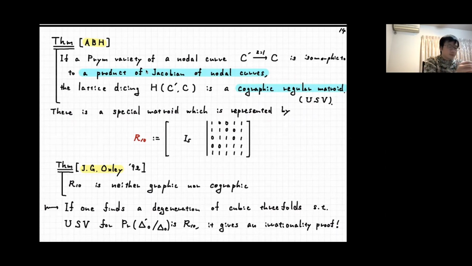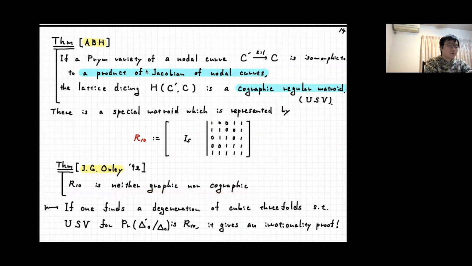And in fact, there is a very, very special matroid which is represented by the following matrix, denoted as R10, given by such a very specific matrix. Then, from graph theory, Oxley shows that R10 is neither graphical nor cographic.